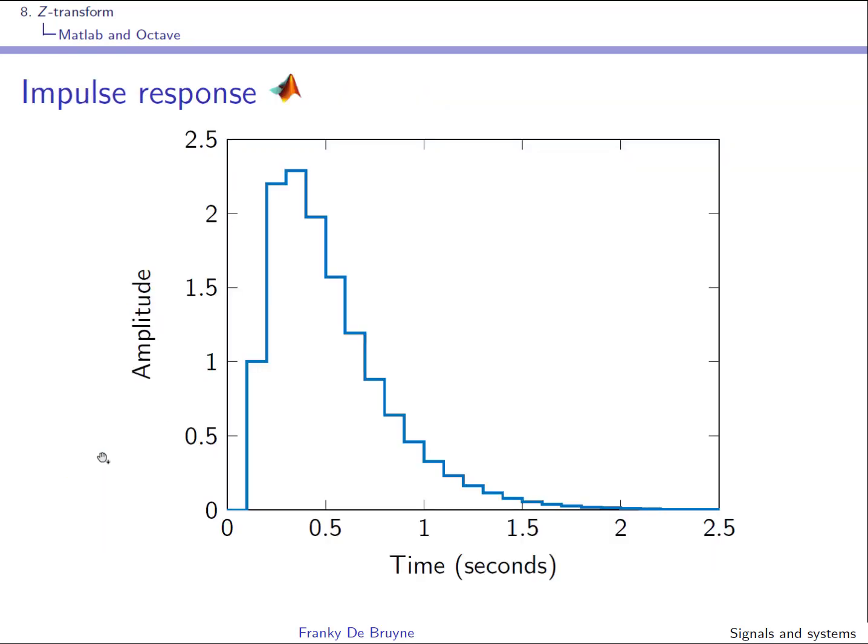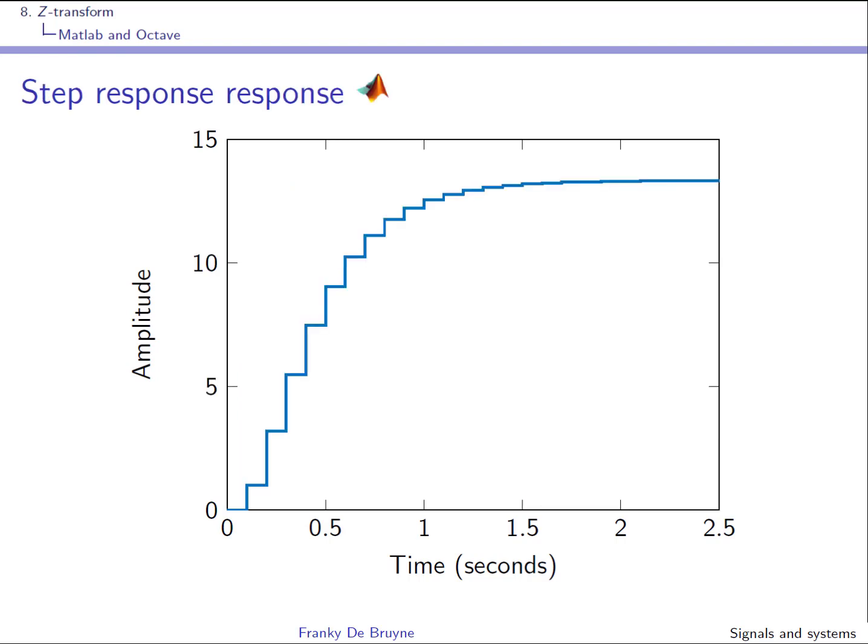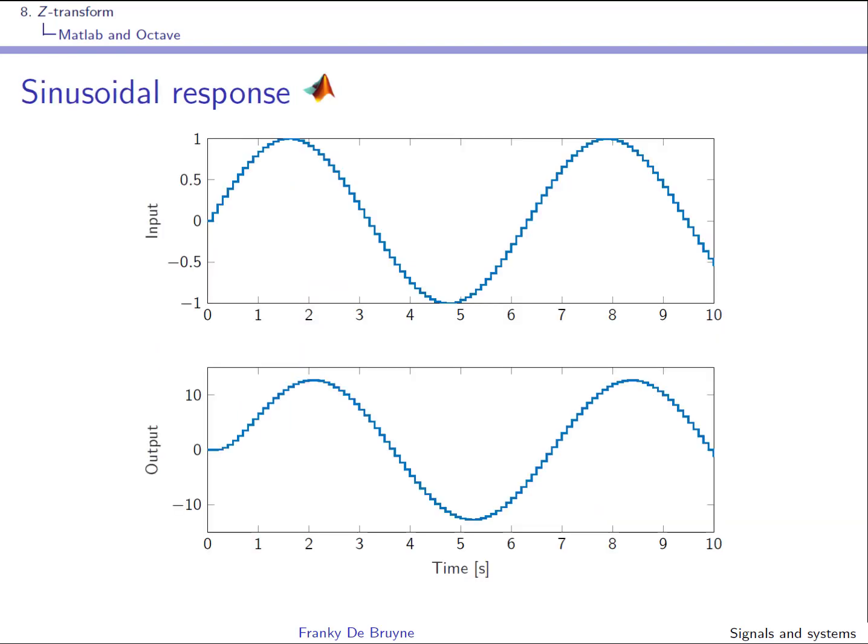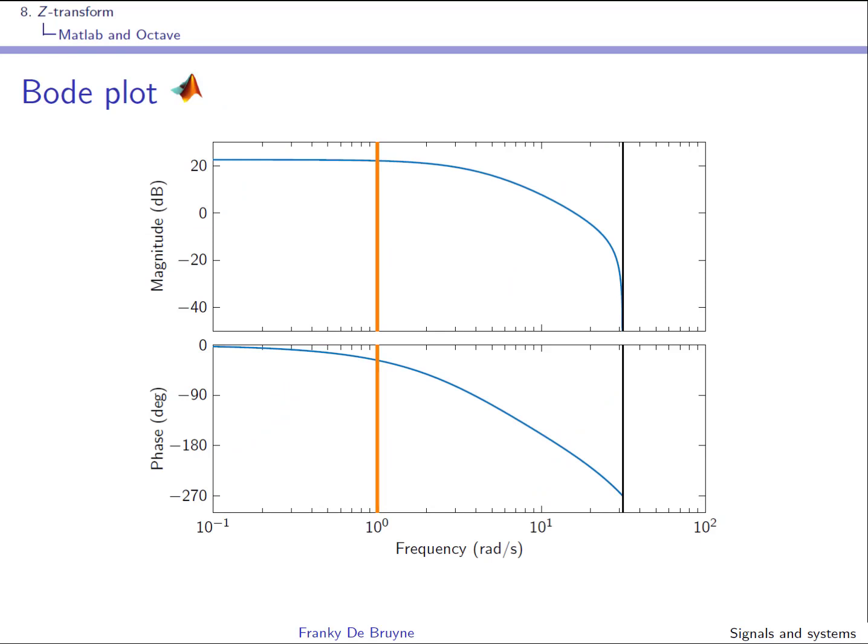So this is the impulse response, the step response, the response to a sinusoidal input. You notice that the input has amplitude 1. And this is the response. Here we have the Bode plot, and in orange the frequency of the input sine from the previous slide is indicated.